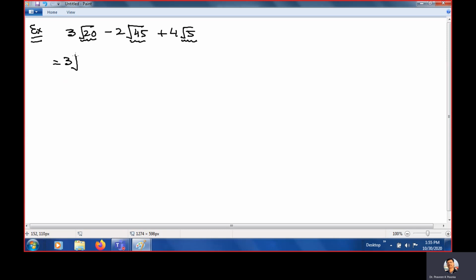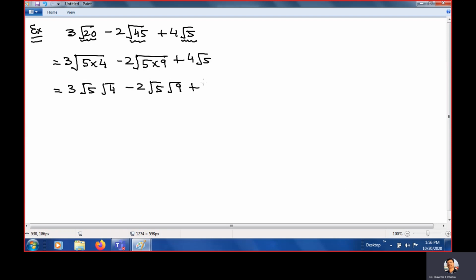So it is 3 square root, break 20 in terms of 5, so it will be 5 times 4. 5 times 4 is 20. Now break 45, 5 times 9, minus 2 root, plus 4 square root 5. Understand? So this is 3 root 5 times root 4, minus 2 root 5 times root 9, plus 4 square root 5.